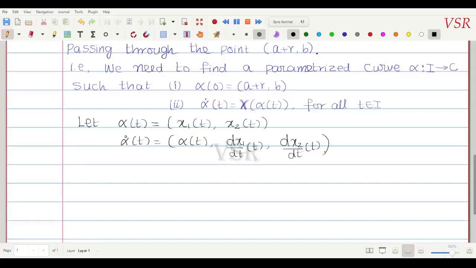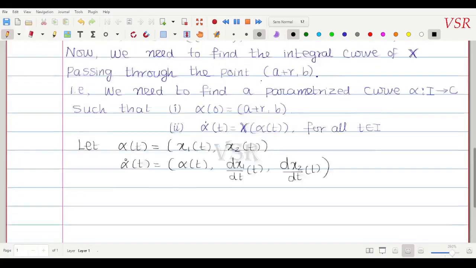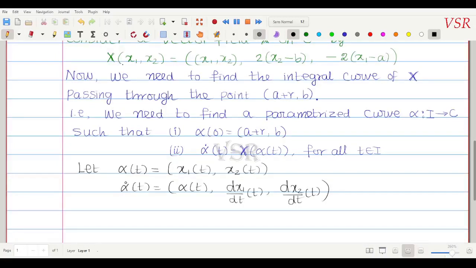Now we need to satisfy these two conditions, so let me write capital X of alpha of t. Putting x1 of t and x2 of t, we get 2 times (x2 of t minus b) comma minus 2 times (x1 of t minus a).